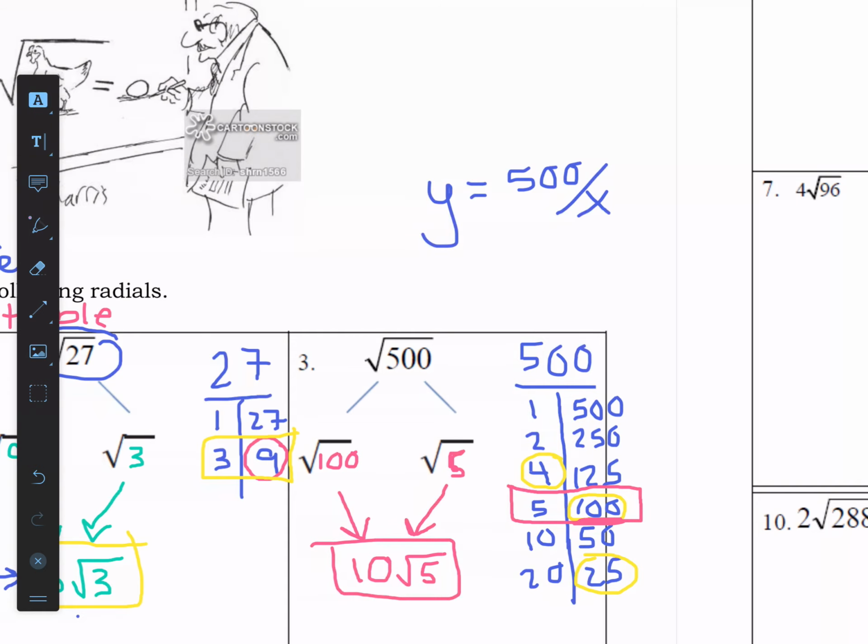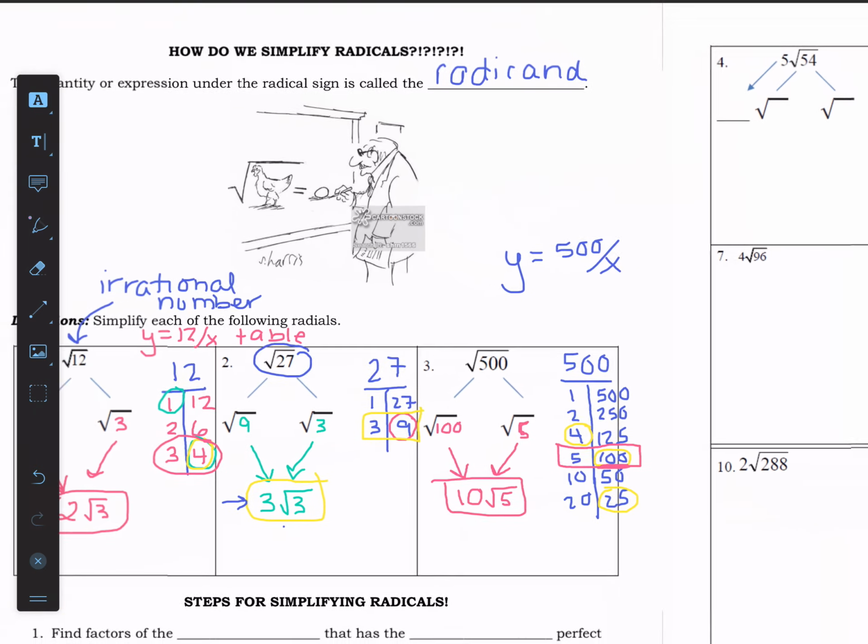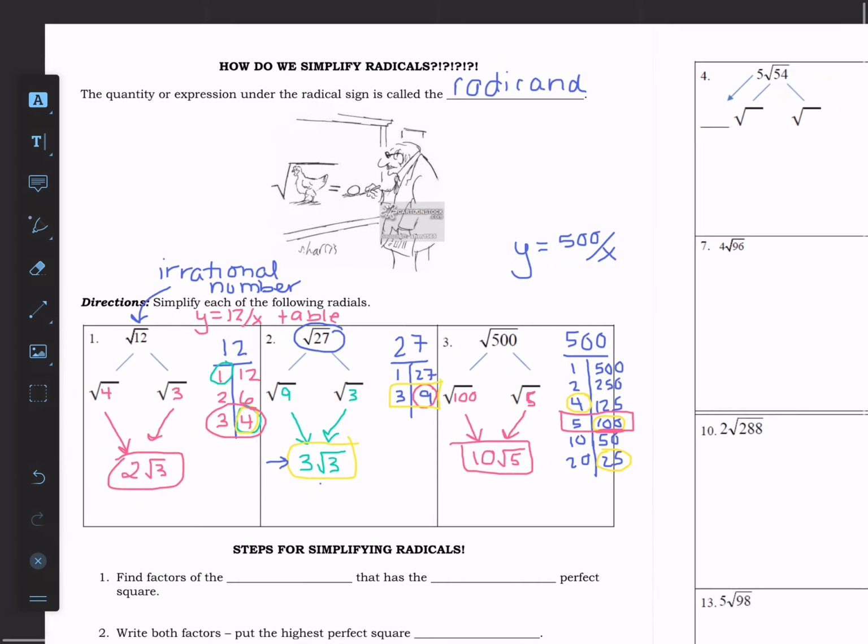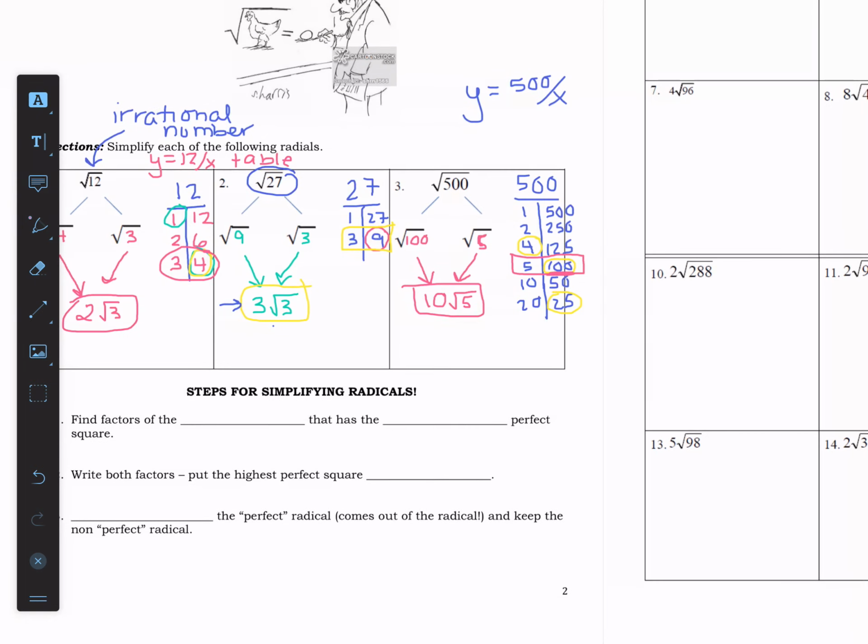And we're going to talk about the steps now down here and just write them out so you have them. Again, the copy of this notes is in Google Classroom, so you have all of this for you to refer to later. So steps for simplifying radicals.